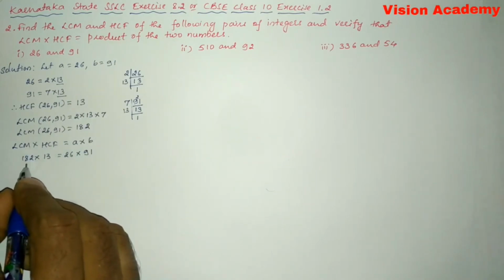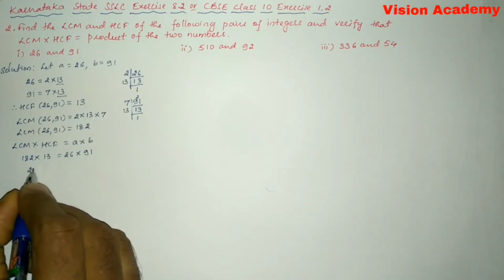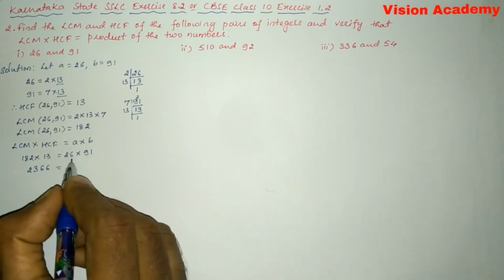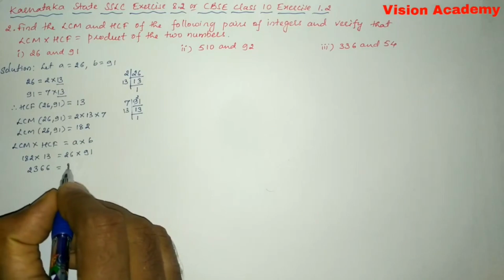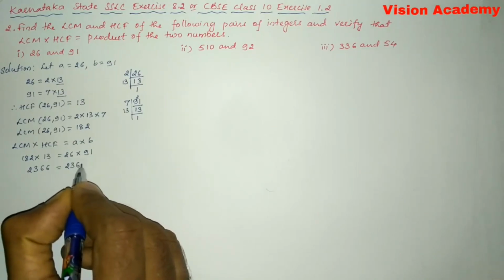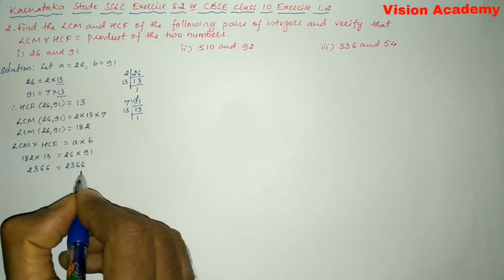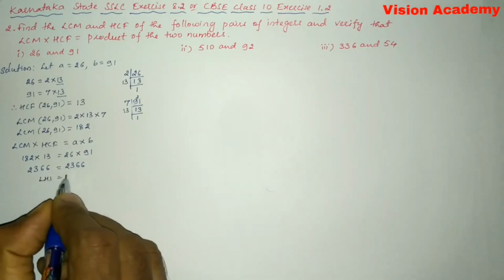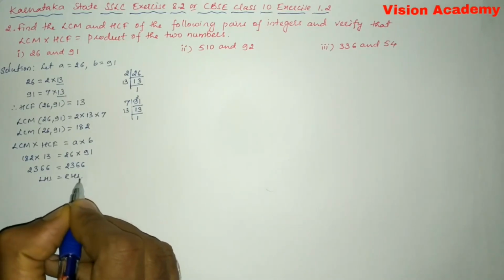So 182 into 13 gives us 2366, which is equal to 26 into 91 also gives us 2366. Hence the proof. So here we can say LHS is equal to RHS.